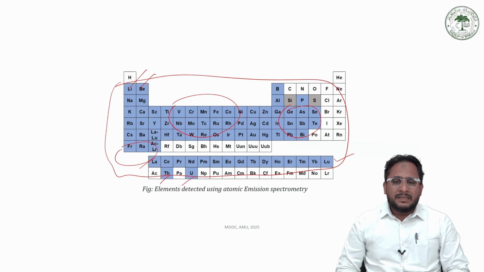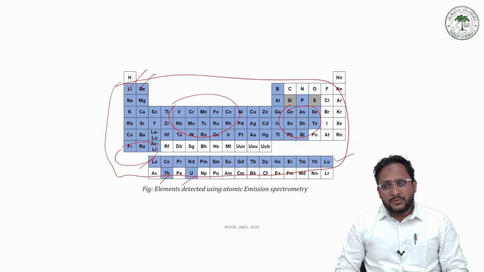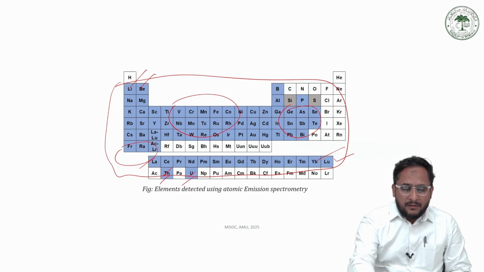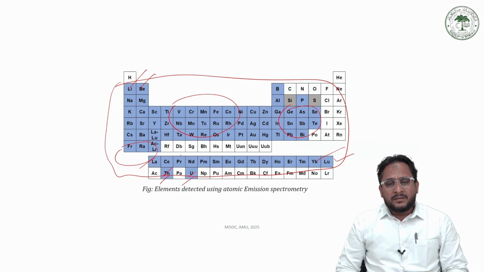So the metals that can easily be vaporized and dissociated in this temperature range can be analyzed by atomic absorption spectroscopy, while metals like these few require excessively high temperature, which is not possible with a normal flame or a graphite furnace.